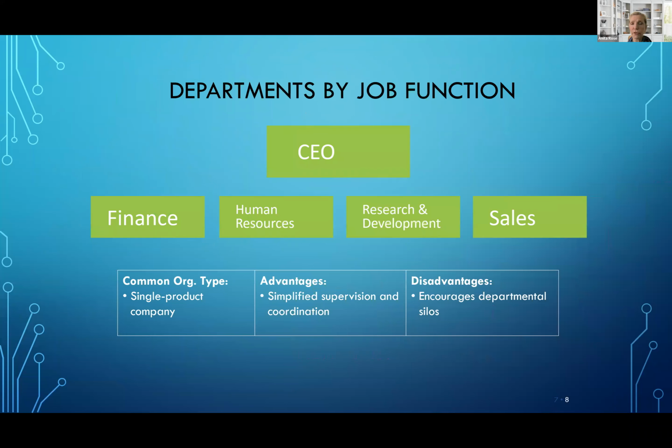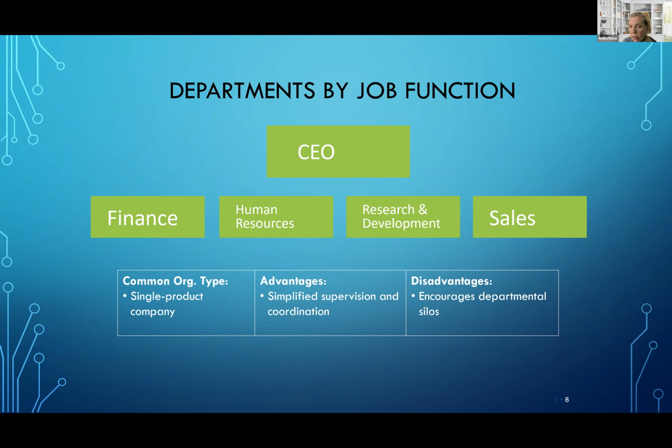Let's move on here to departments by different functions. So here we have departments by job function. When we have a business that has different functions, departments here: finance, HR, R&D, sales, this can work very productively for a single product company, right?